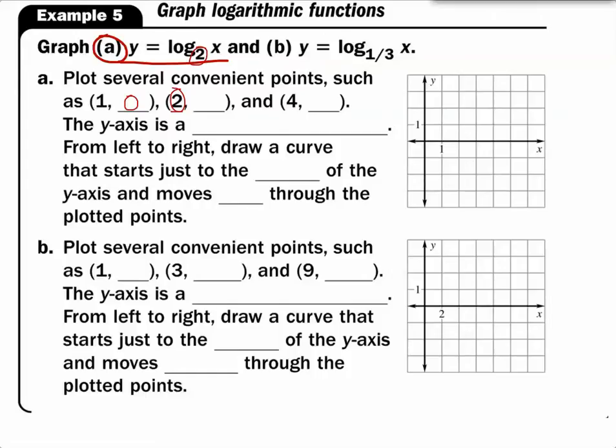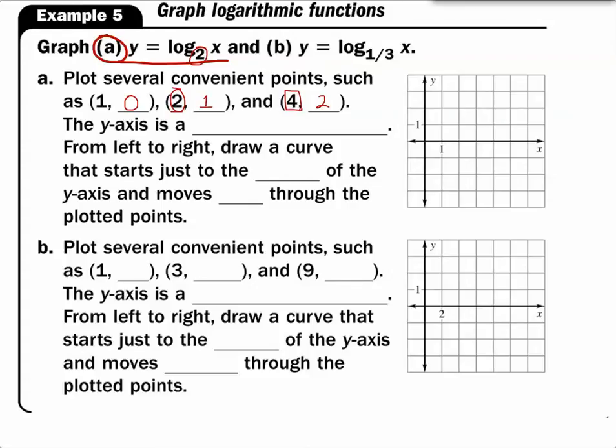When you plug that 2 in for x, you get log base 2 of 2, and that's 1, because 2 to the 1 is 2. And 4, comma, I'm not sure why they chose to have a third point, but no harm. They squared the base. So it's going to be 4, comma 2, because 2 squared is 4.